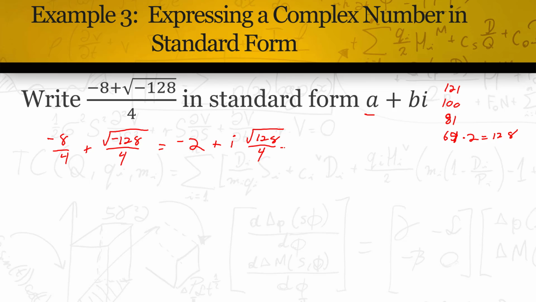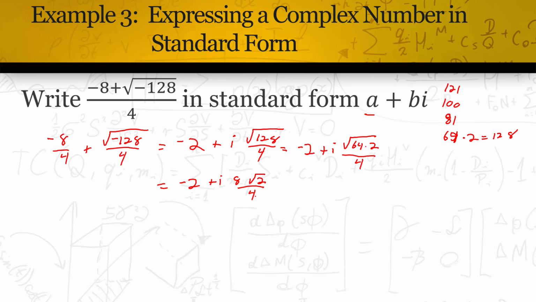So we can rewrite this as negative 2 plus i times the square root of 64 times 2 over 4. Well, the square root of 64 is 8, so this will be negative 2 plus i times 8 times the square root of 2 over 4.